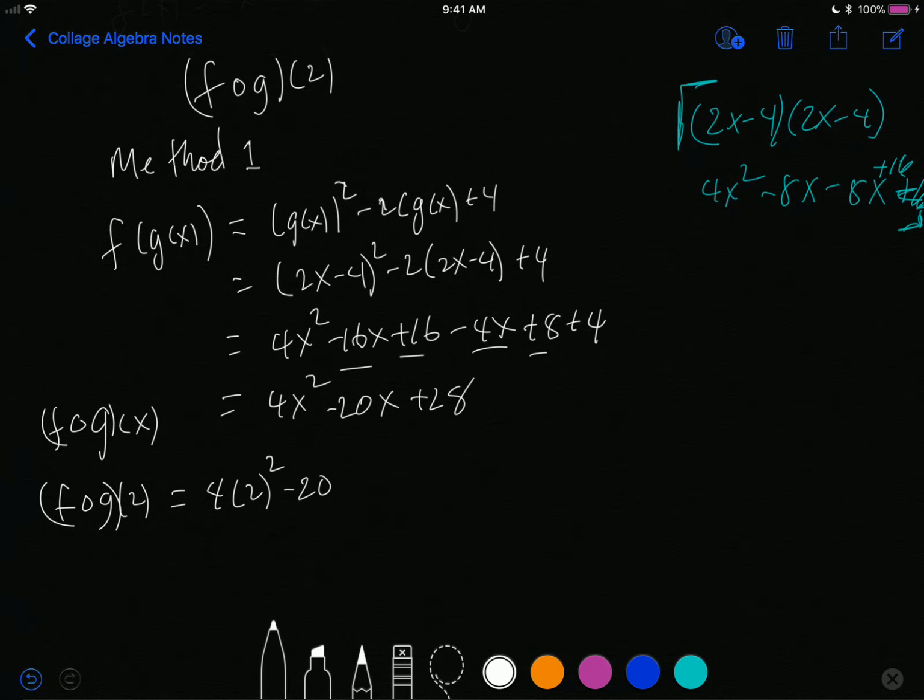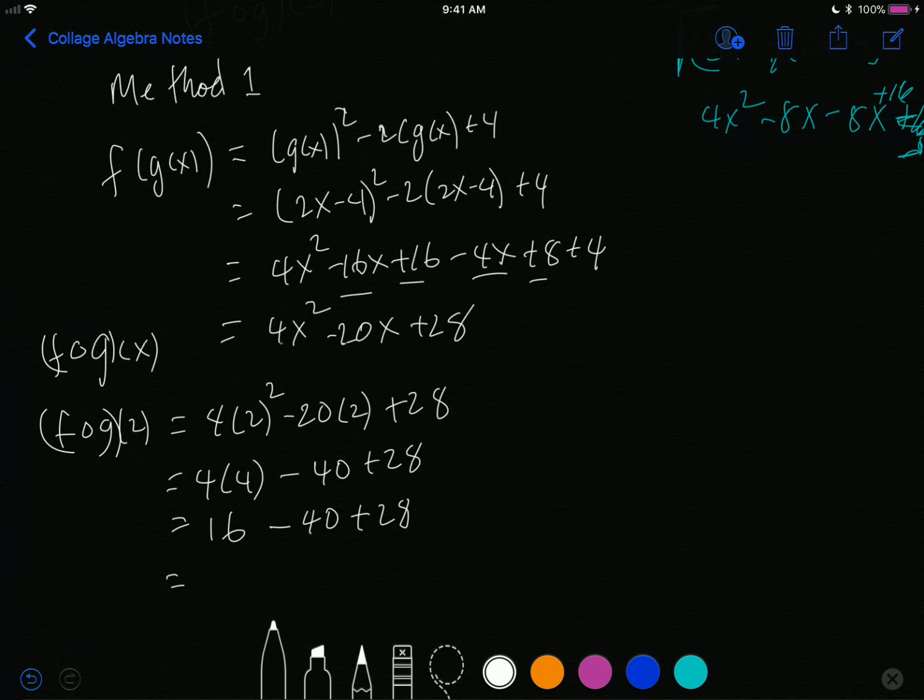And so that's 16 minus 40 plus 28. 16 and 28 is 44. 44 minus 40 is equal to 4. So f of g of 2 is equal to 4.